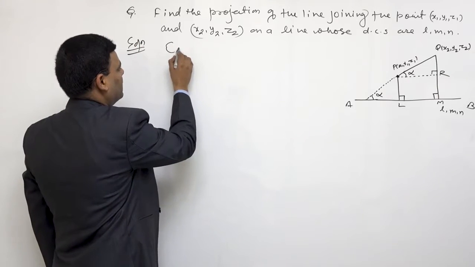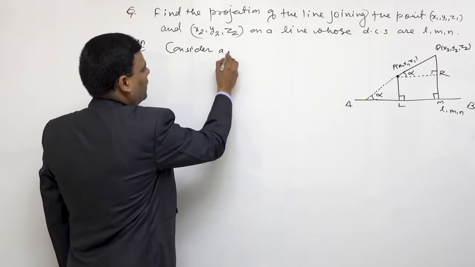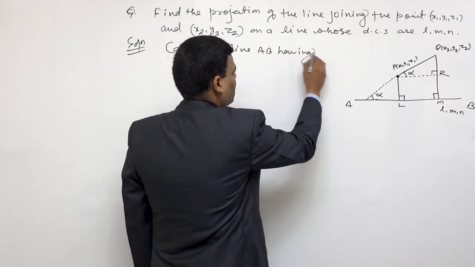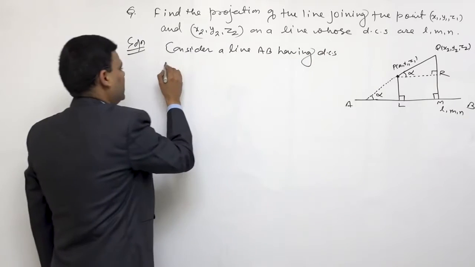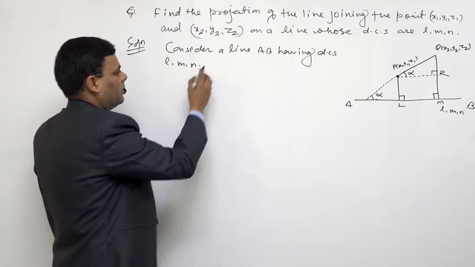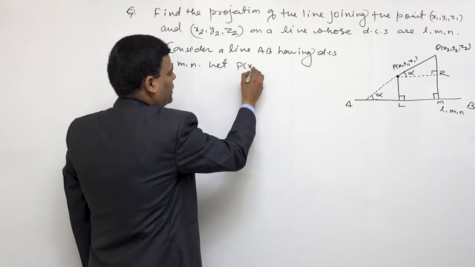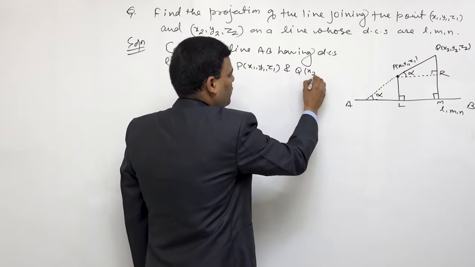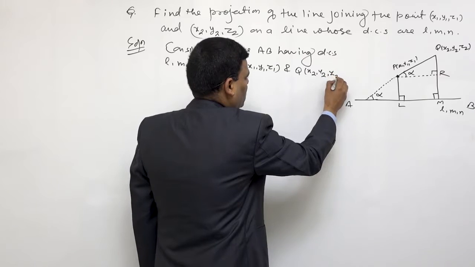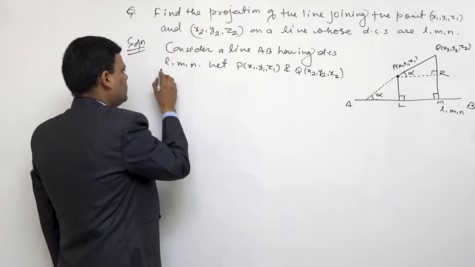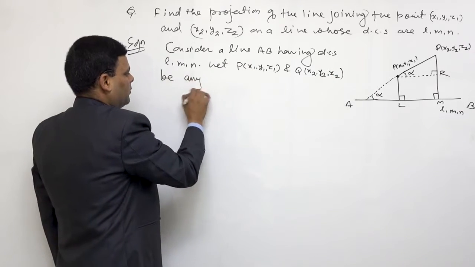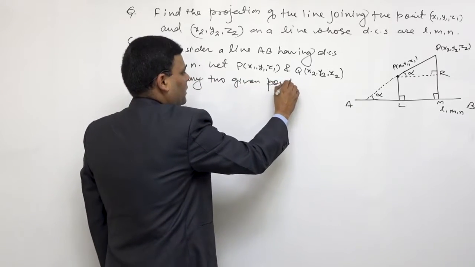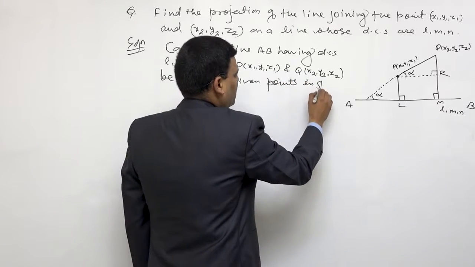Consider a line AB having direction cosines l, m, n. Let P(x1, y1, z1) and Q(x2, y2, z2) be any two given points in space.